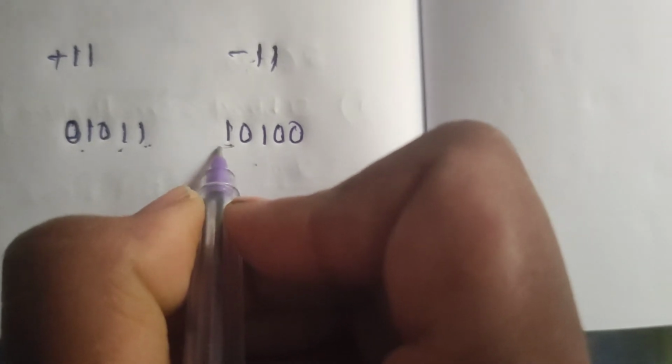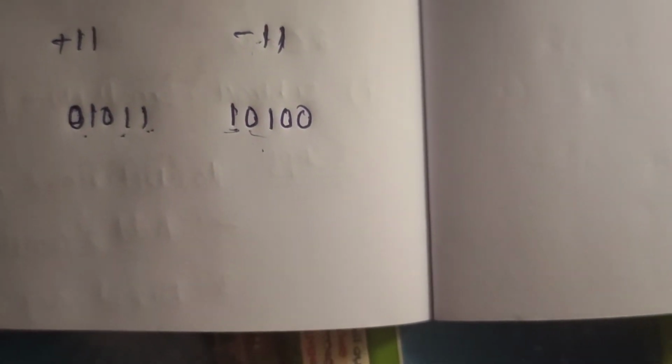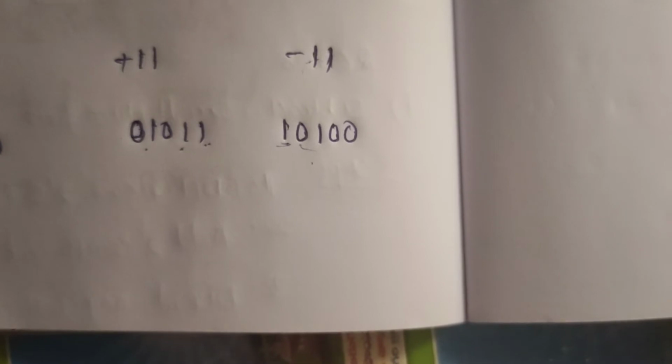So this is minus 11. This first bit, the MSB, is 1, so this represents the negative symbol, and the remaining bits represent the 11. So this is the negative number representation in 1's complement form.